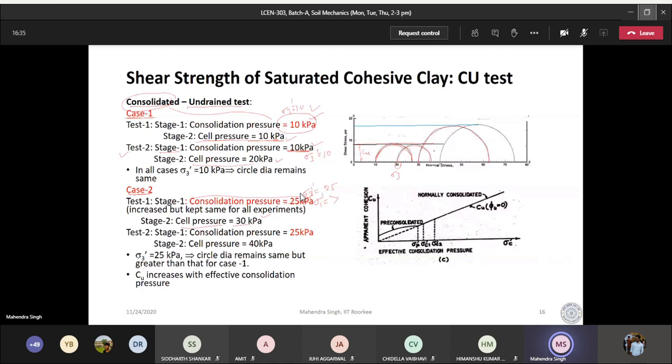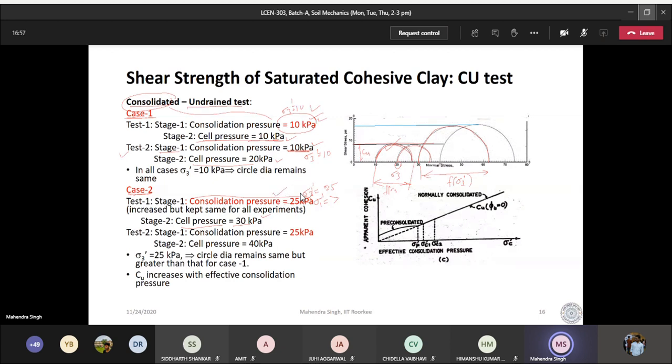I wanted to emphasize here that this particular diameter is a function of sigma 3 dash. That is an important thing for you to remember. So in the first case, sigma 3 dash was 10. And now in the second case, we are doing the test repeatedly.